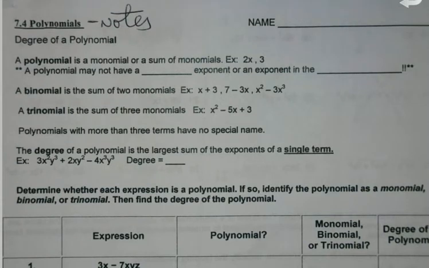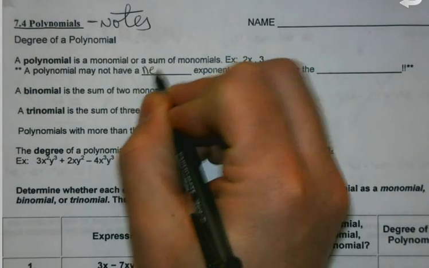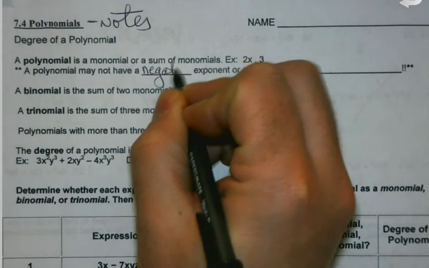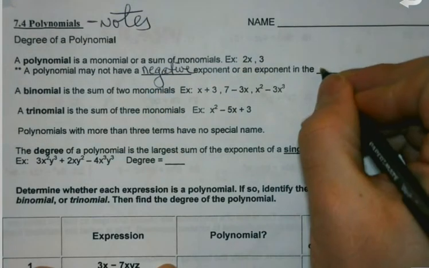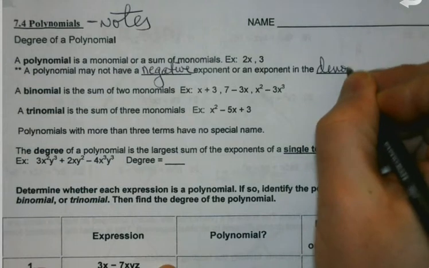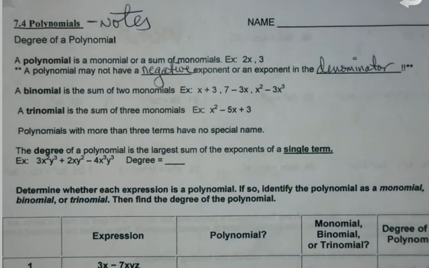One of the first things we'll talk about is what a degree is of a polynomial. And the degree, not like the temperature as much, but you cannot have a negative exponent or an exponent in the denominator when you're doing these, okay?